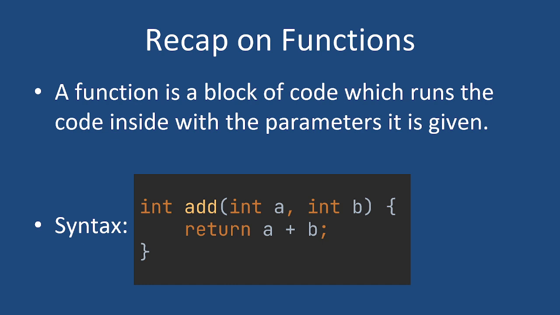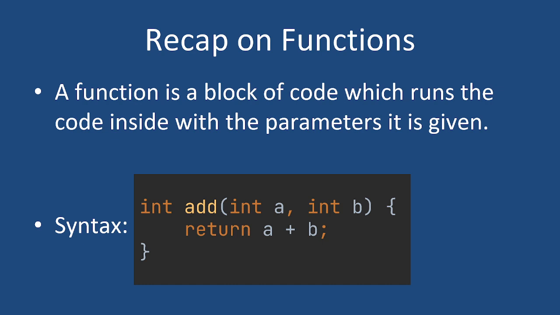So what are the things that you can see in this small piece of code? We are given two integers. Those two integers, int a and int b, are the parameters of the function.